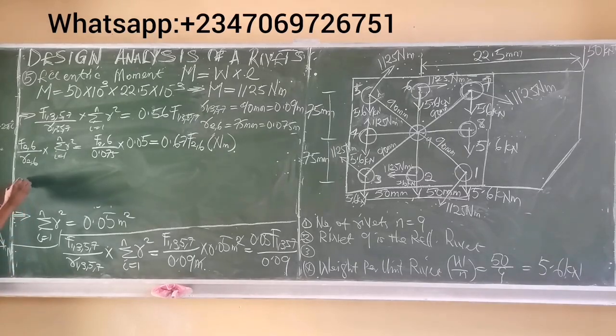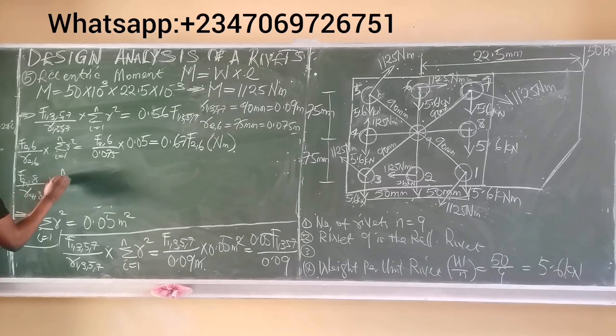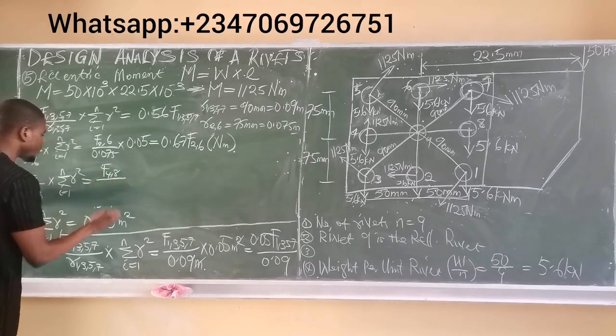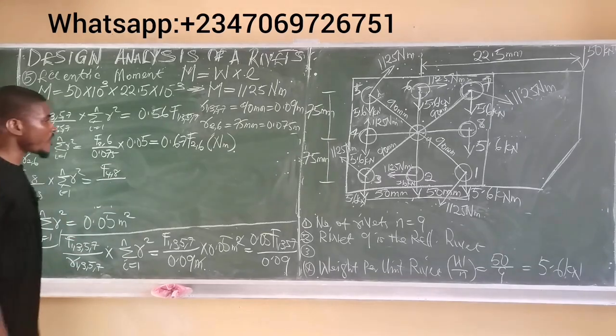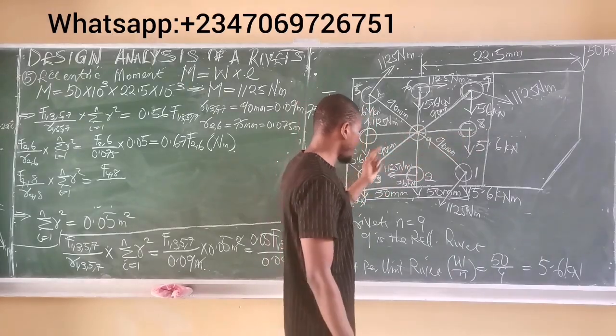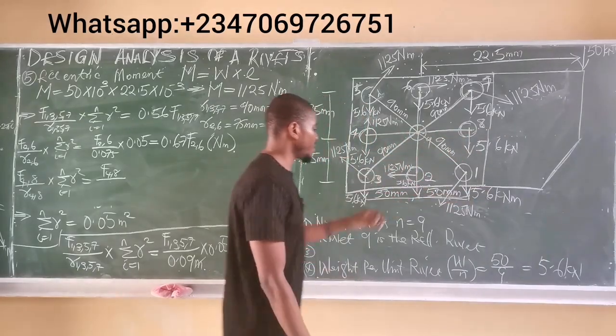Finally, for the force of rivet 4 and rivet 8, it is F48 all over the distance between rivet 4 and rivet 8 times the summation of I equals 1 to R squared. This is rivet 4 to the center, rivet 8 to the center, which is 50 millimeters.